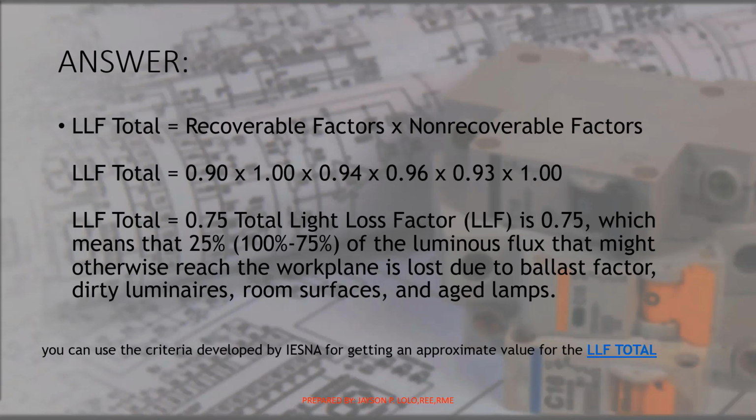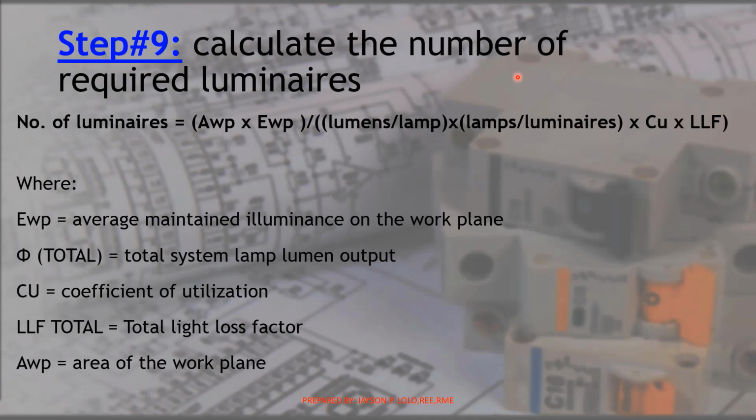Okay, now let's proceed to the other example. Example number 9. Calculate the number of required luminaires. This is the time you will calculate how many lighting fixtures you need to buy, you need to use on a specific location. So to solve, the formula is the number of luminaires, AWP, that is the area of the work plane.